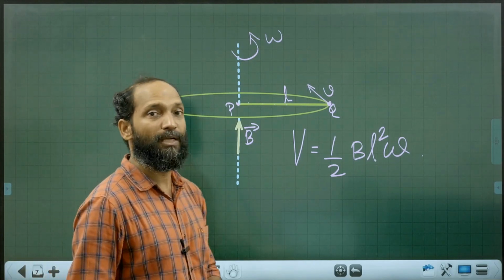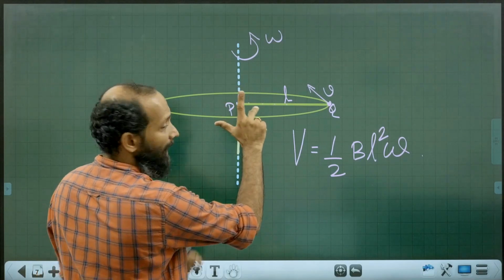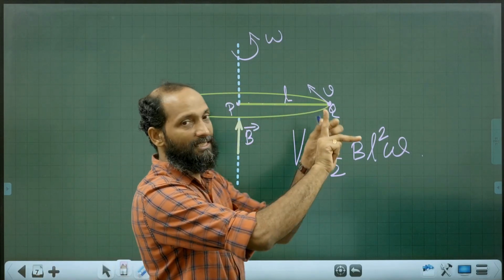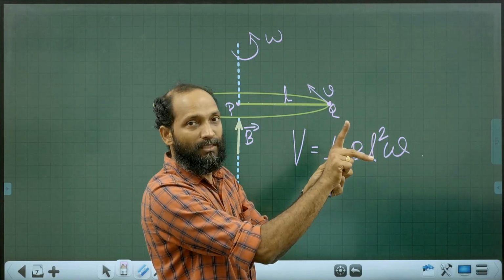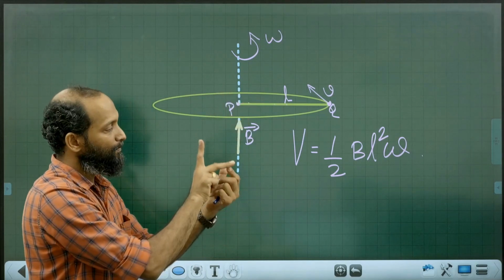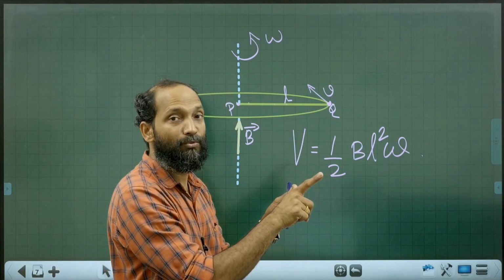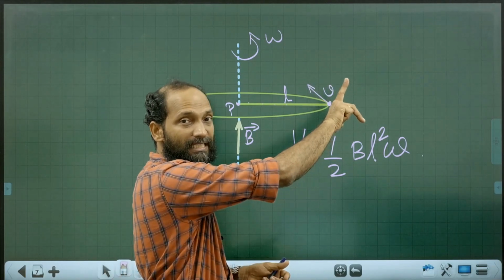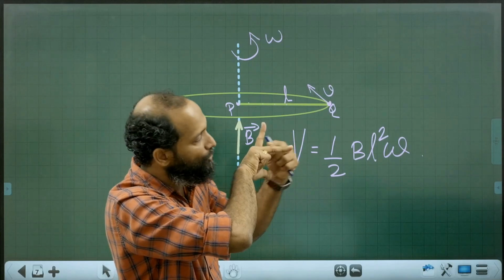To identify the polarity, you can use Fleming's right hand rule. Magnetic field is upward. At this instant, velocity of the tip is along Q. Hope you are following. Magnetic field is upward. Middle thumb represents velocity. Velocity is along Q. Tip is moving inward at this instant. So now the motional EMF is given by the middle finger, that is towards the right.